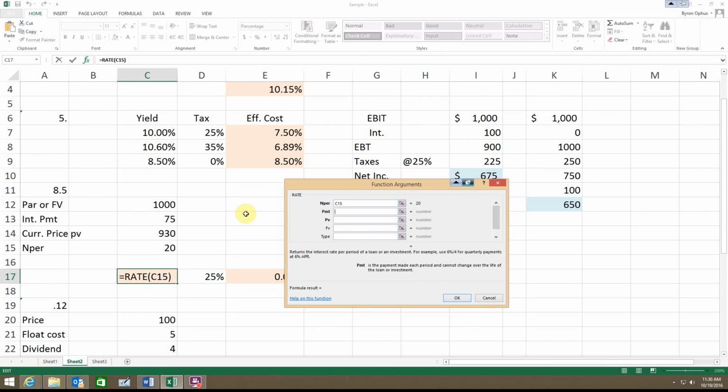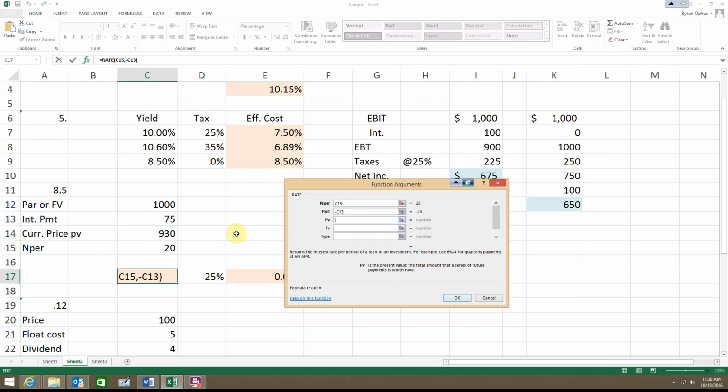I've got to think about this in terms of the company and what should be negative and what should be positive. For them, the $75 is going out, as will the $1,000 there. And $930, well, they don't really get it, but I think I can do the payment as a negative.